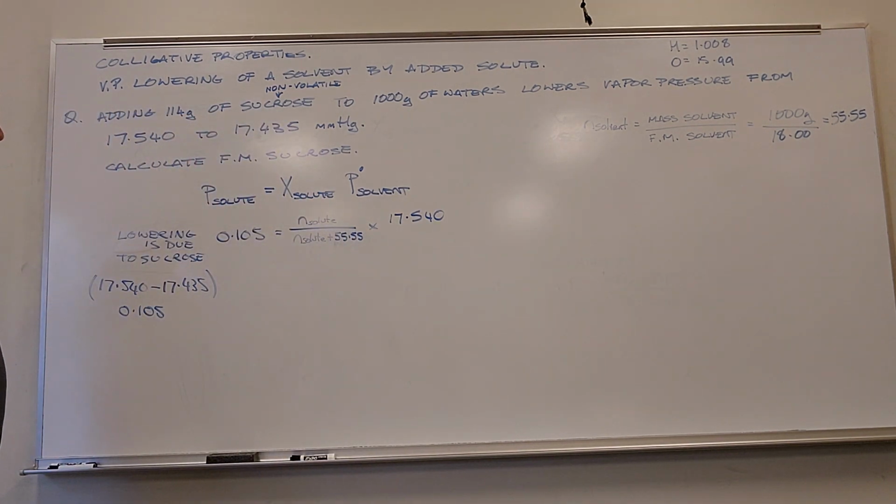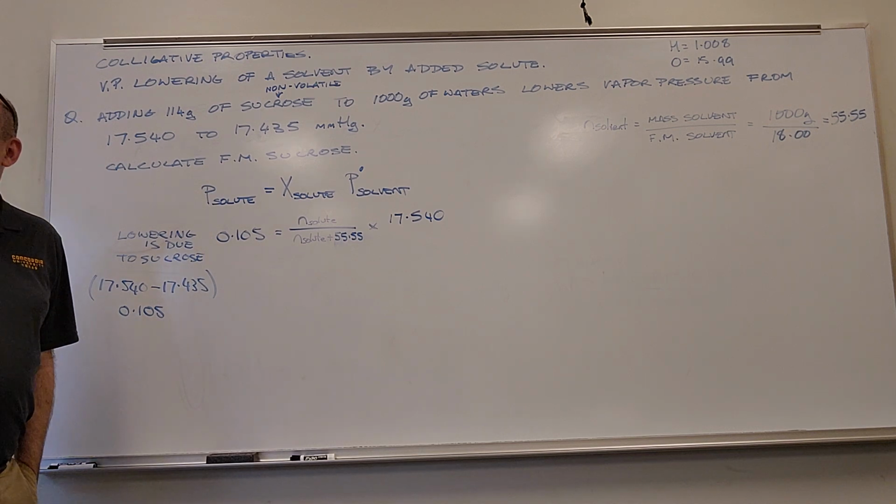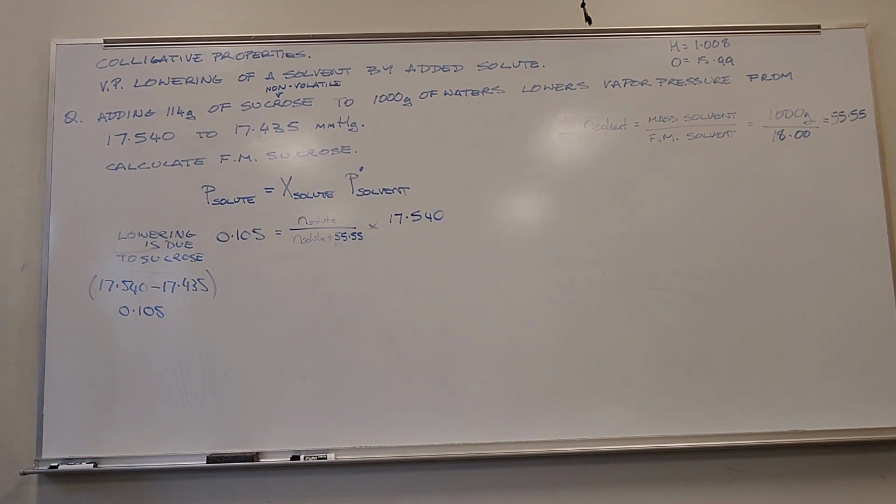Squeeze up to 55. You've got some rearranging to do. Yeah, we do. Let's just collapse this. Just divide by 17.540. Let's first do that. Multiply the other thing. You can.